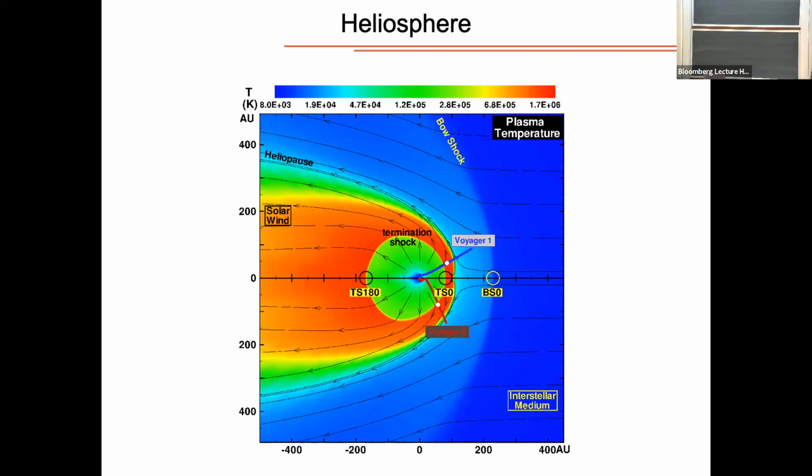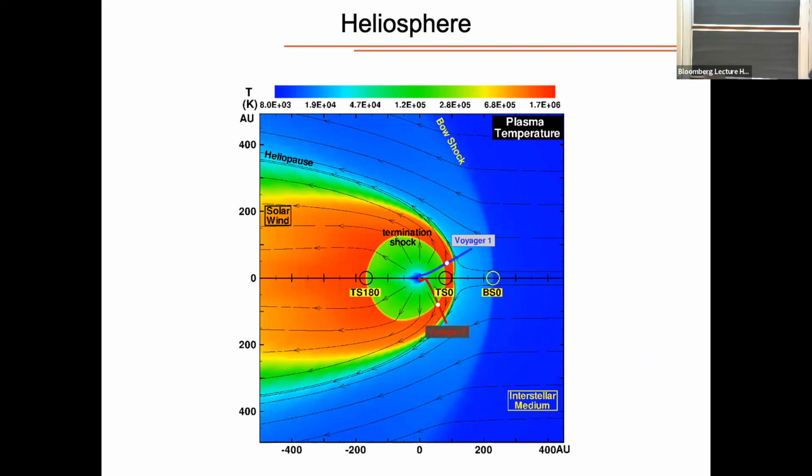So the unperturbed ISM over here, then we have a weak shock over here, and the shocked gas draping around the heliosphere. And this place where the solar wind plasma and the shocked interstellar medium plasma start to interact, there's this surface where they interact, and the surface basically separates one plasma from another.